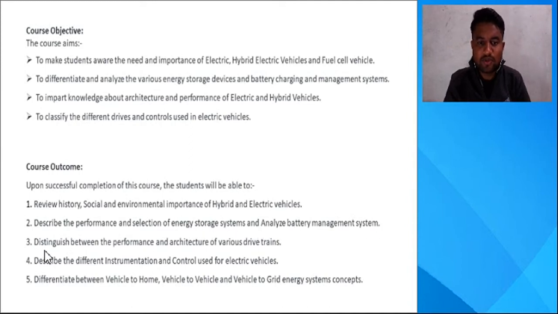The third course outcome is distinguish between the performance and architecture of various drivetrains. The fourth course outcome is describe the different instruments and control used in electric vehicles. The fifth one, differentiate between vehicle to home, vehicle to vehicle and vehicle to grid energy system concepts.